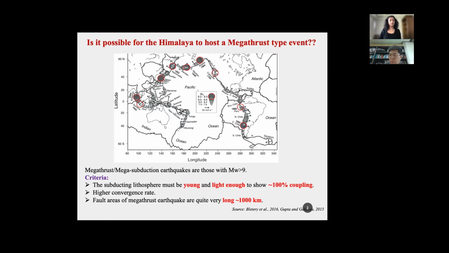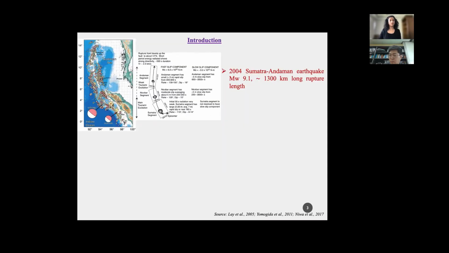But the 2004 Sumatra Andaman earthquake and the 2011 Tohoku earthquake changed that pre-thought process. Initially, it was thought that segment boundaries can restrict or arrest the lateral propagation of earthquake ruptures. But it didn't happen during the 2004 Sumatra Andaman earthquake. The earthquake nucleated here, and it ruptured 420 kilometers of the plate interface.